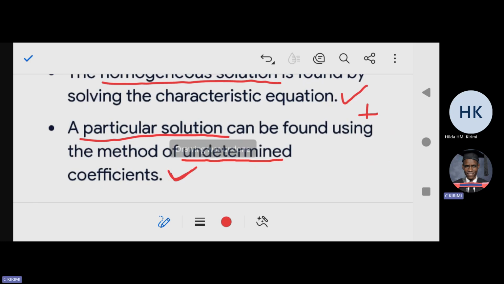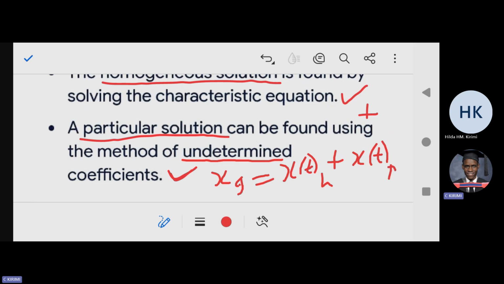Remember, for the general solution we are adding. In other words, we can call it x, since the function is in terms of x. So we say x_g of t, meaning the general solution, is equal to x_h of t, which is the homogeneous solution, plus x_p of t, which is the particular solution.